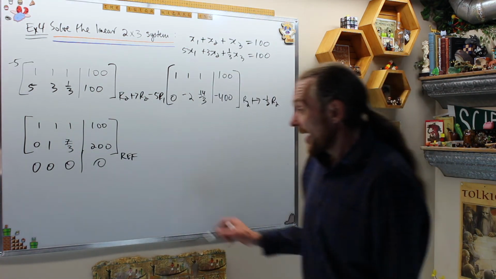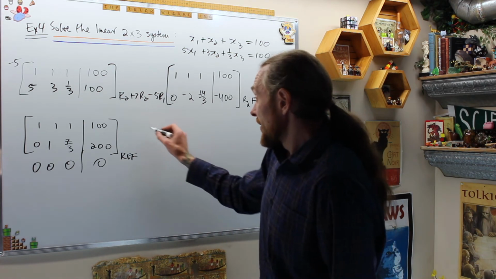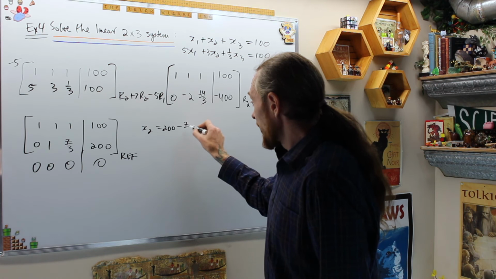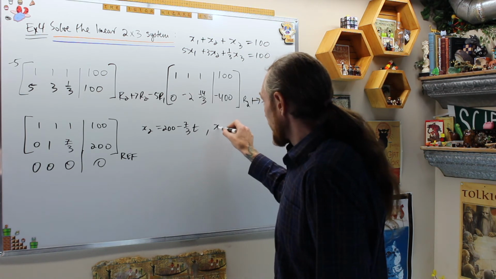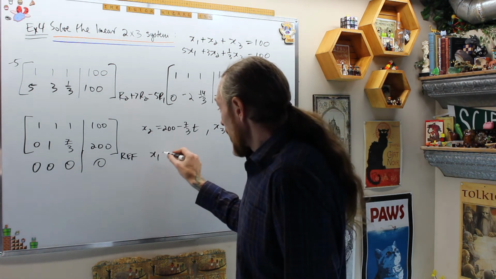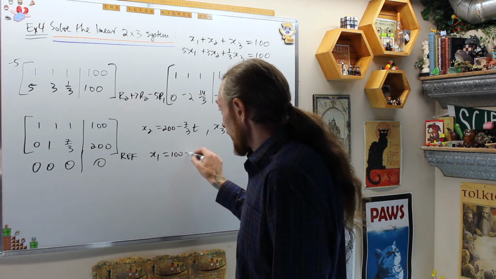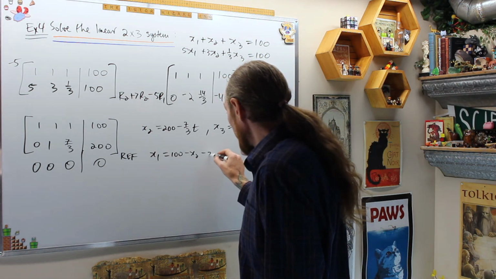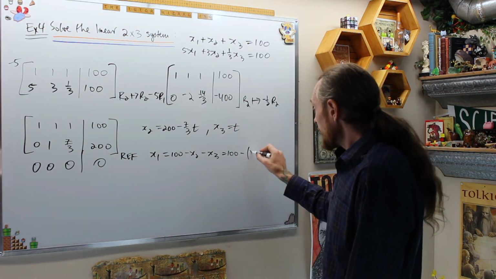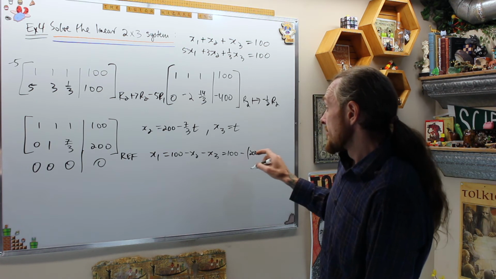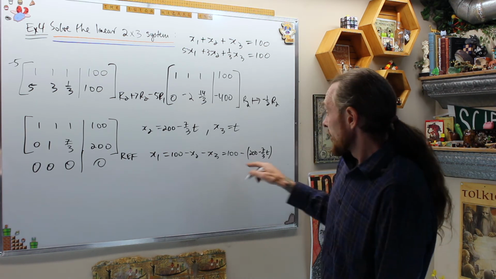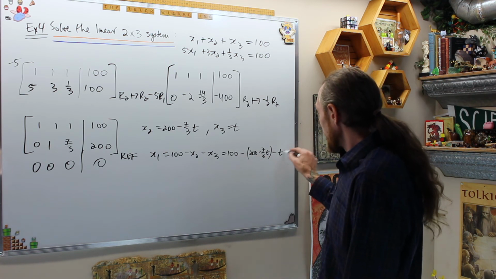What does this tell me? I have infinitely many solutions. And this says that x2 is equal to 200 minus 7 over 3 t. x3 is equal to the free parameter t, and x1 is equal to 100 minus x2 minus x3, which is 100 minus 200 minus 7 over 3 t, minus x3, which is t.